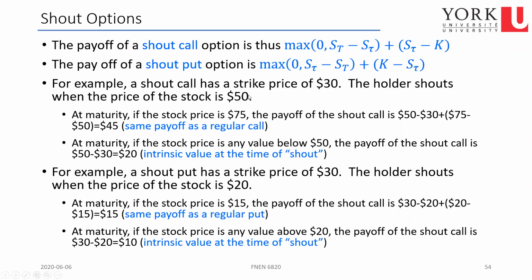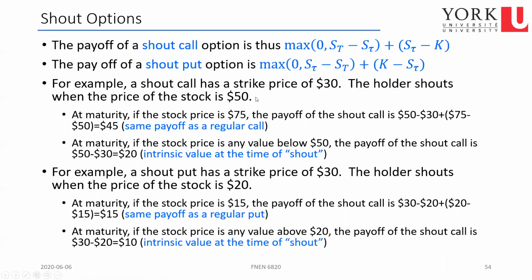Typically, for a short call, the short price must be greater than the strike price, because otherwise it doesn't make sense to short. Likewise, the short price must be less than the strike price for a short put.